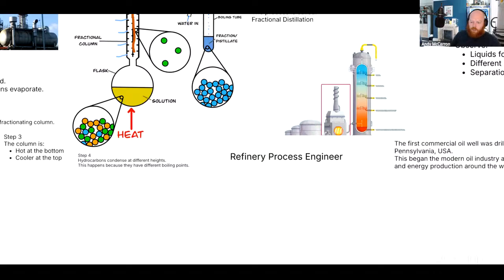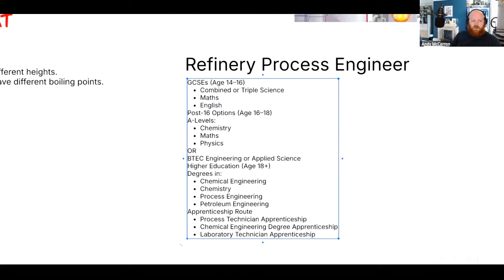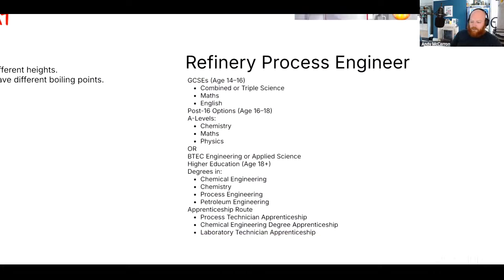There's quite a good range of paths into this now. You would need your GCSE combined or triple science, maths and English, a standard thing for most careers now. You would then go on to A-level chemistry, maths or physics, or a BTEC in engineering or applied science. Most colleges offer applied science, which gives you a range of the different sciences. You can then go on to a degree as a chemical engineer, or go down the apprenticeship route and level up that way instead.